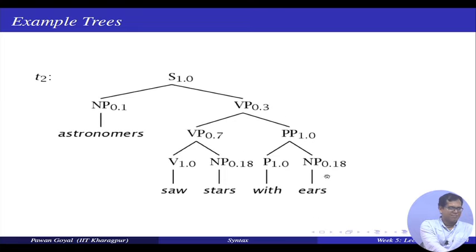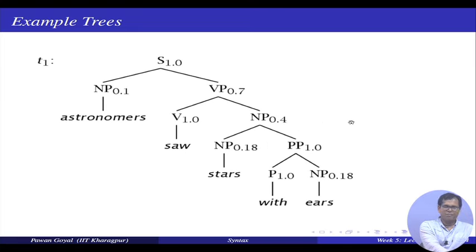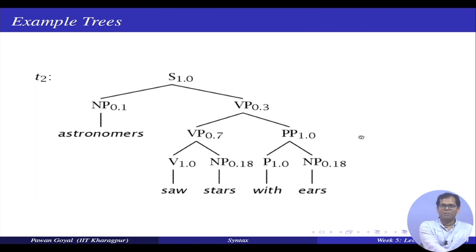And if I get a second parse tree, where instead of VP giving me V and NP, VP is giving me VP followed by PP, I can again compute its probability by multiplying its corresponding rule probabilities, and I can find the probabilities of both the parse trees individually.